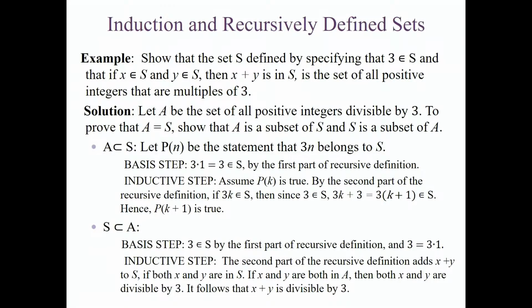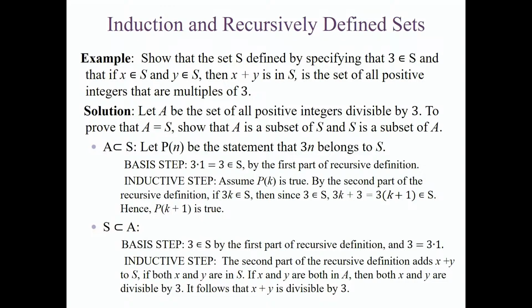So we claim the propositional function P of n to be the statement 3n belongs to S. Once it is a multiple of 3, we can write all elements in A as 3n. So we need to make sure all elements in A are also in the set S. This is the propositional function we need to prove.